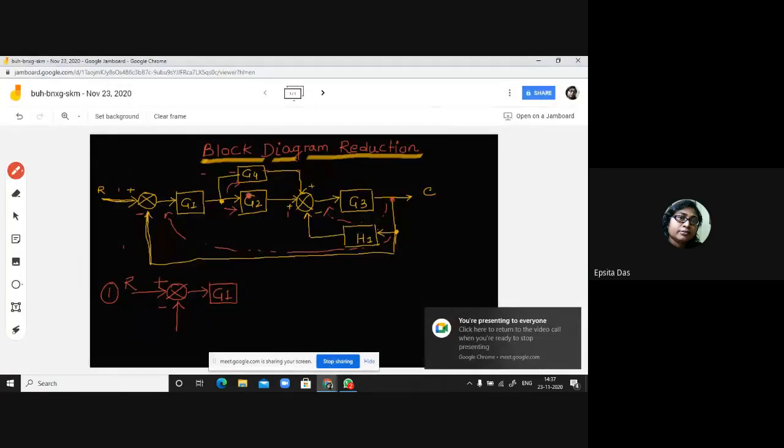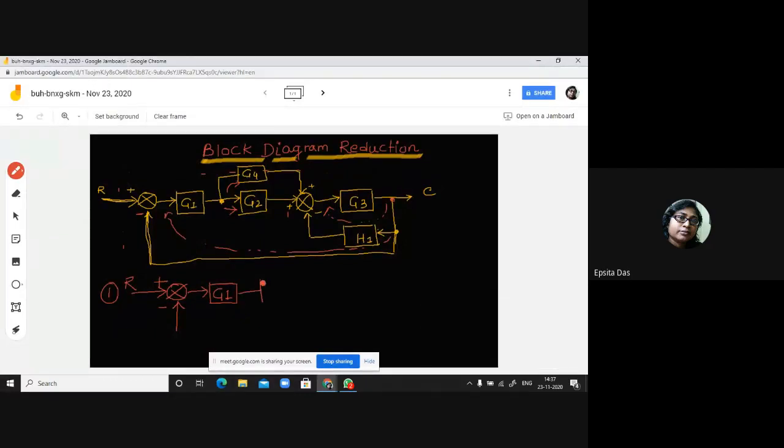Next is this path we are going to simplify, and it will become G2 plus G4 because they are in parallel. So this block is becoming G2 plus G4.